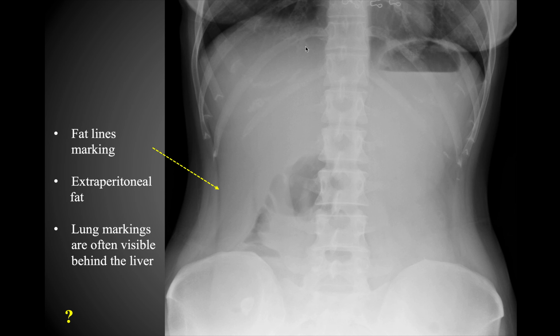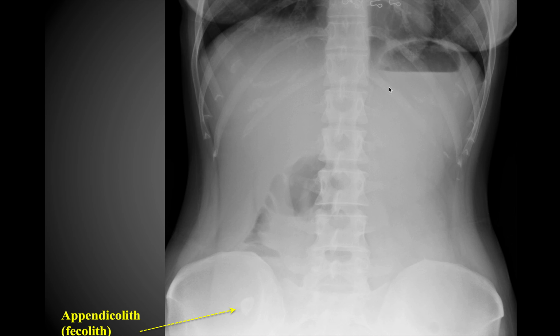And then usually you'll be able to make out lung markings below the liver, or behind the liver, I should say, on the right-hand side of the patient. And in this patient, you can also make out clips. So they also had a surgical procedure up here, which you're able to visualize. And if you look really closely down here, you can see a concretion in the lumen of the appendix. This is called an appendicolith, also known as a fecalith.